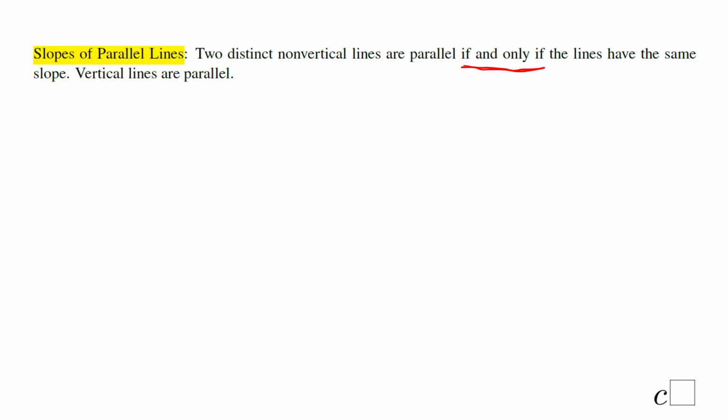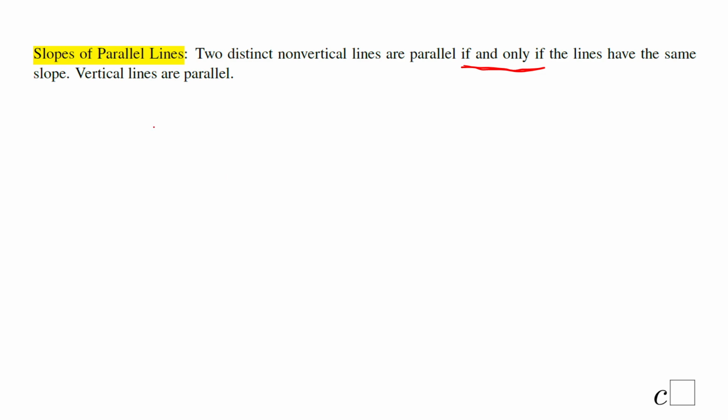So this statement says two distinct non-vertical lines are parallel if and only if the lines have the same slope. So that means if they have the same slope, they are parallel lines, and the converse is that if they are parallel lines, they have the same slope.